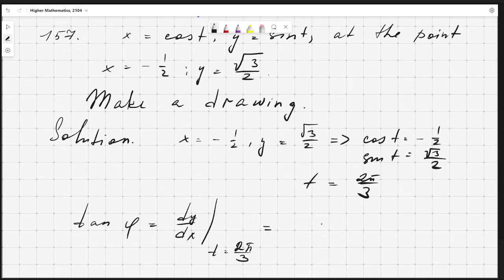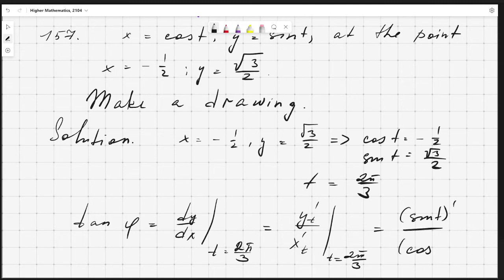Dy over dx is y prime with respect to t over x prime with respect to t. At the point t is 2 pi over 3. Y prime is sine of t prime. X prime is cosine of t prime. If t is 2 pi over 3.